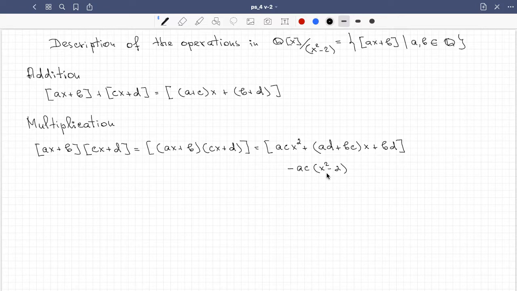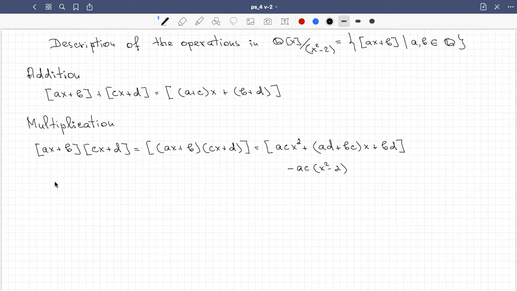And in this way, we will produce a representative of this same class, which either does not have a degree or has a degree which does not exceed 1.